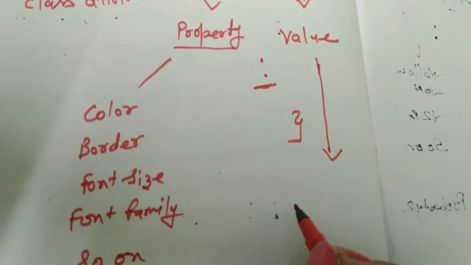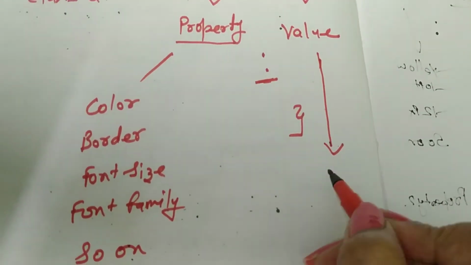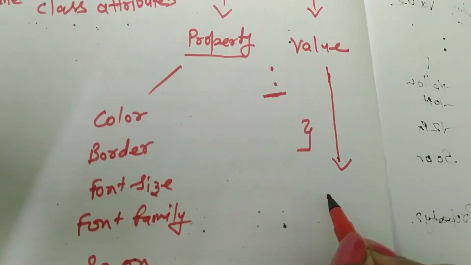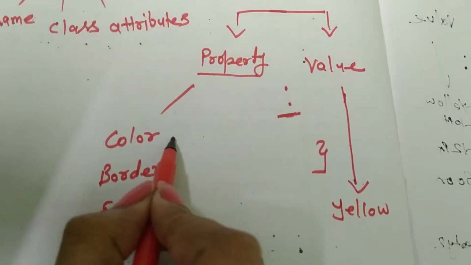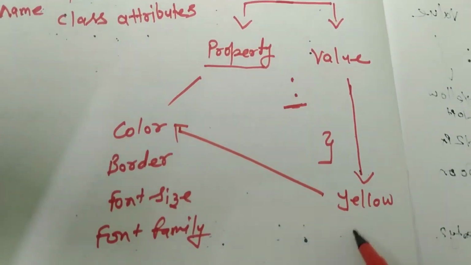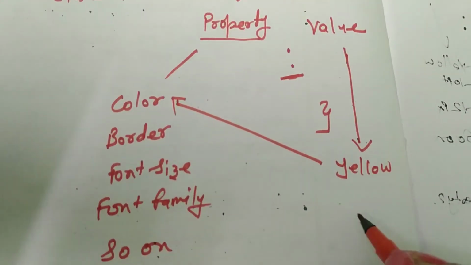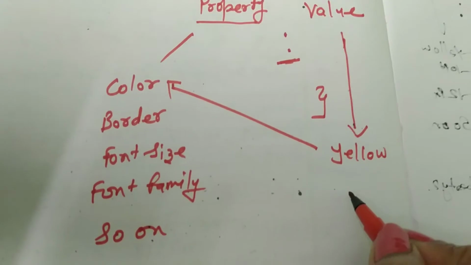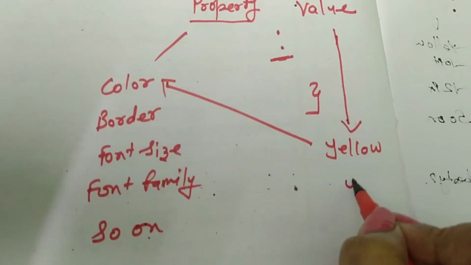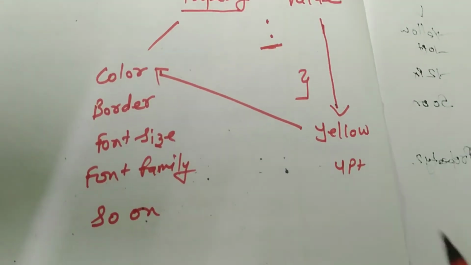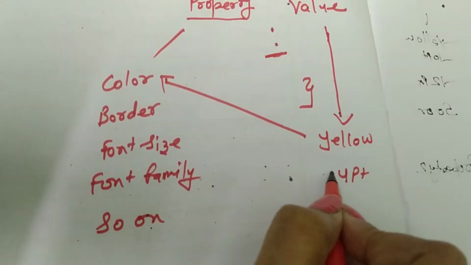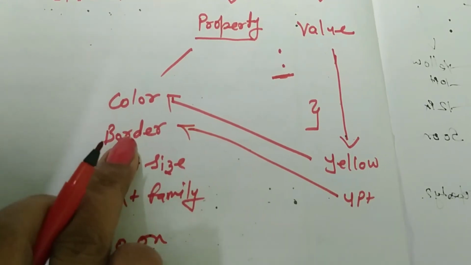What is a value? Values are assigned to particular properties. Like yellow is the value assigned for the color property. And for border, suppose you select the thickness of the border as 4 pt, so the border of the particular table or line is 4 pt. This is the value for the border property.